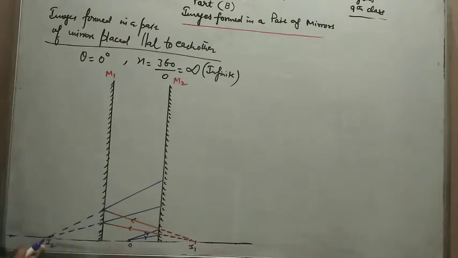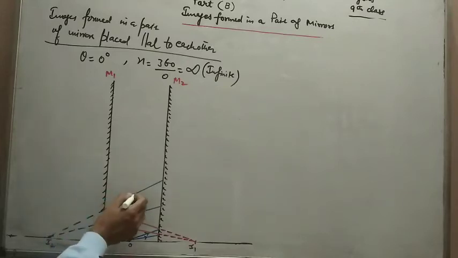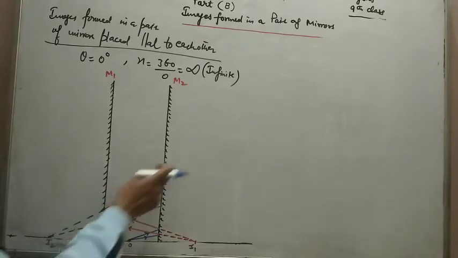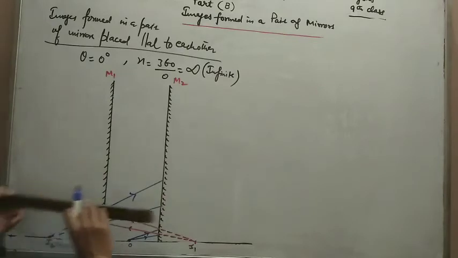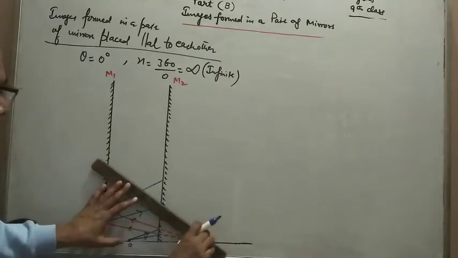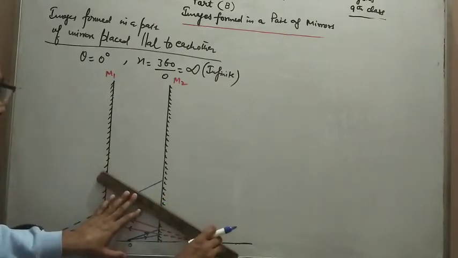This is the virtual image of the virtual object formed by M1. These are the incident rays on M2. Further, another image will form in this way.